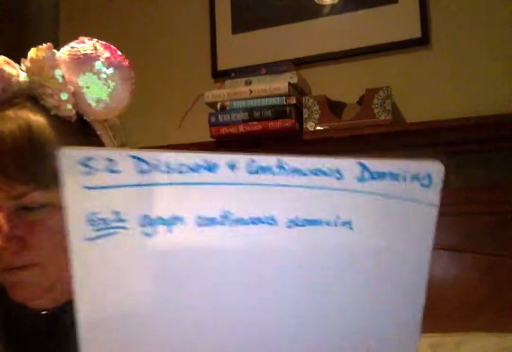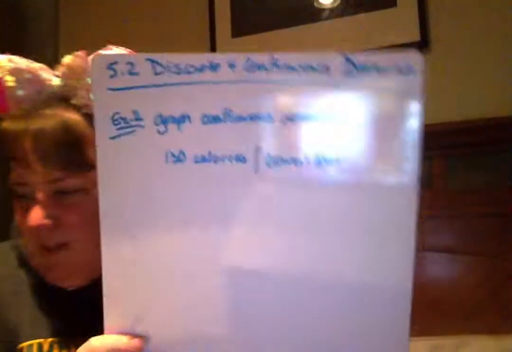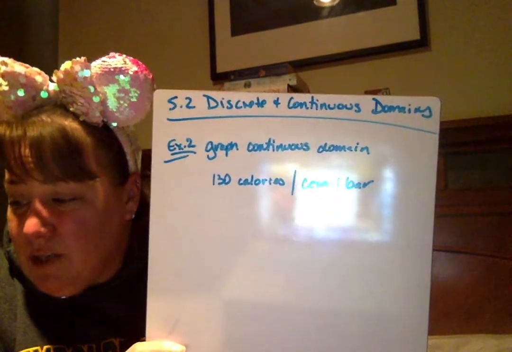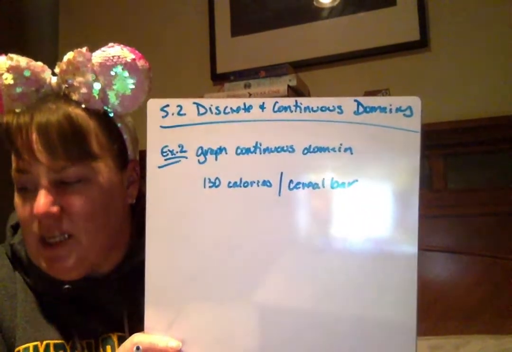Okay, so example 2. A cereal bar contains 130 calories. Okay, 130 calories per cereal bar. The number C of calories consumed is a function of the number B bars eaten.